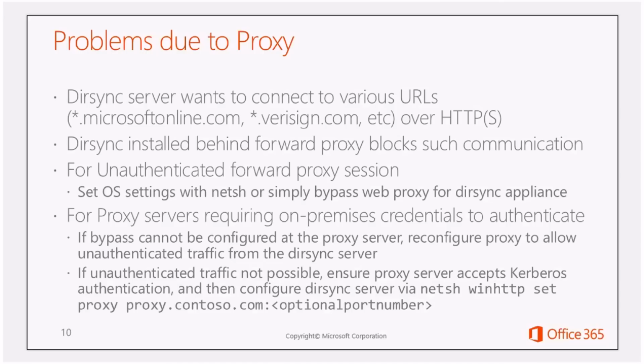What you can do is first of all try to see if you can get an exception so that the DirSync appliance bypasses the proxy. If that's not amenable to your security admins, then you can configure your proxy server and optionally a port number using netsh with the set proxy command.